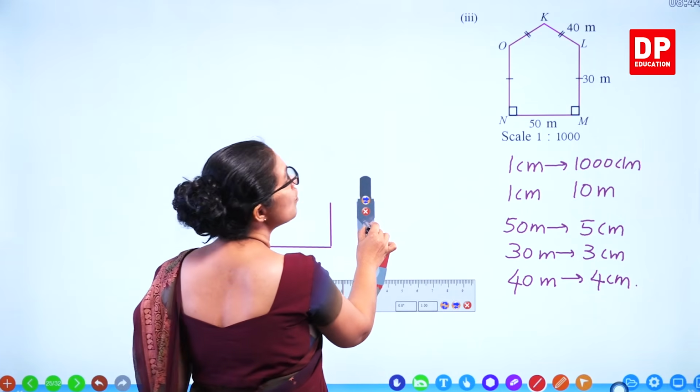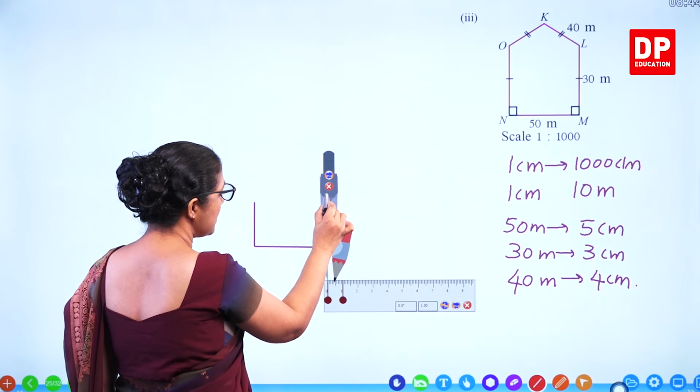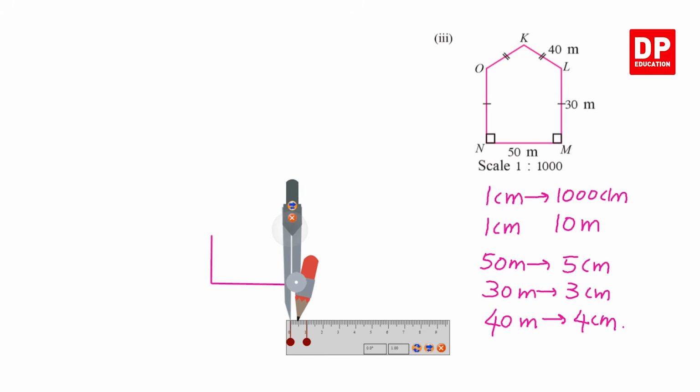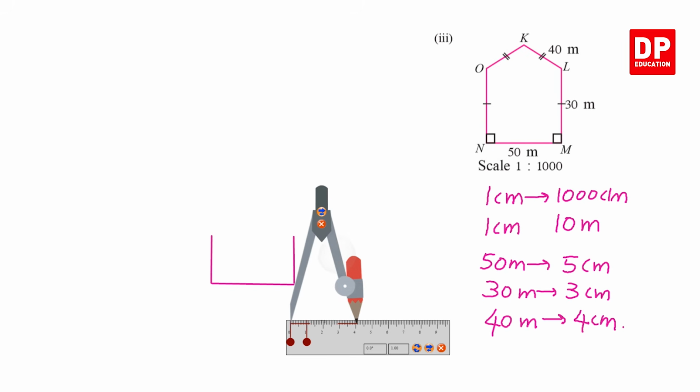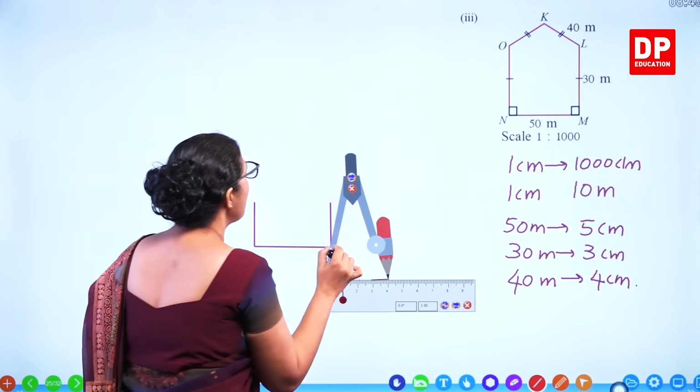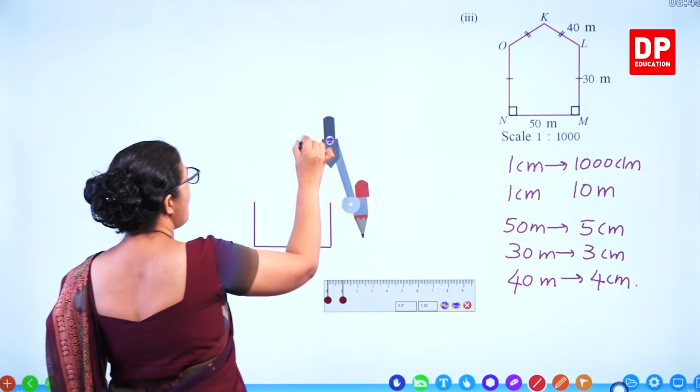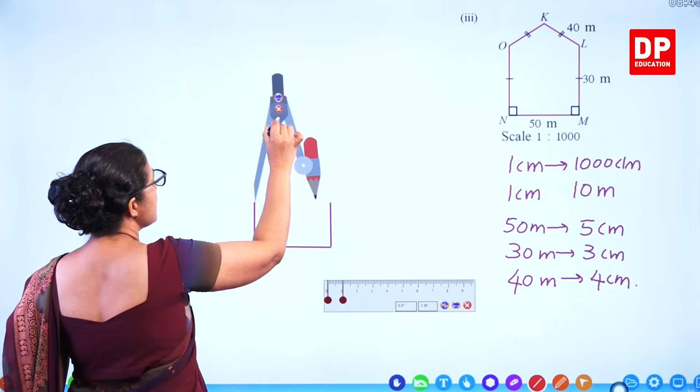So we need to measure 4 centimeter length from the compass because you have to draw 2 arcs. So 4 centimeter length, we take 4 centimeter length and you keep the compass on top of this point.